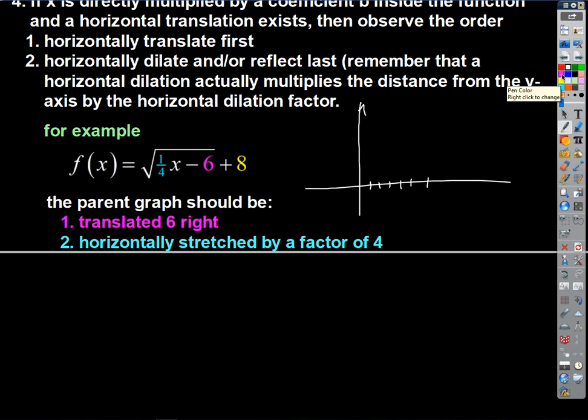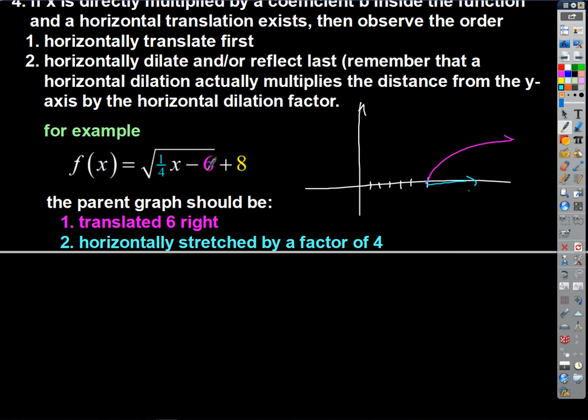So horizontally speaking, it's just going to look like this. When we do that part, we're going to drag it to the right by 6. Now when I do this stretch, everything is going to get stretched by a factor of 4. So that means that this point right here, for example, is not going to stay there. It's going to get moved out so it's 4 times as far away from the y-axis. See what I'm saying? Everything gets stretched.